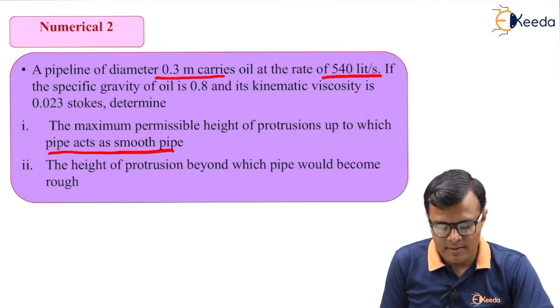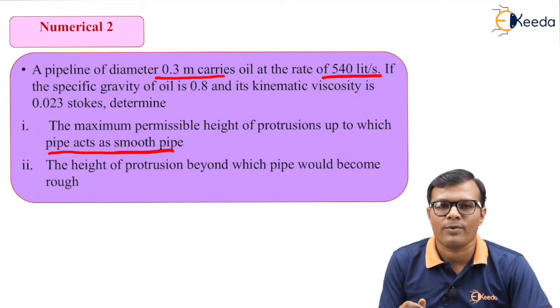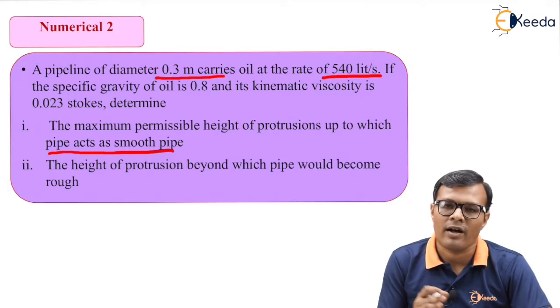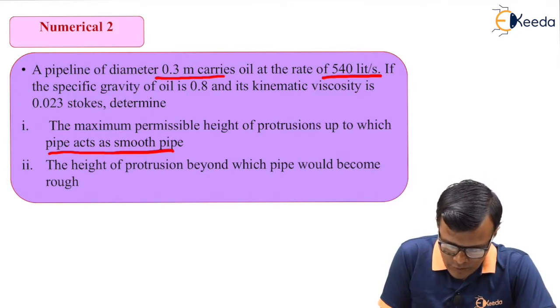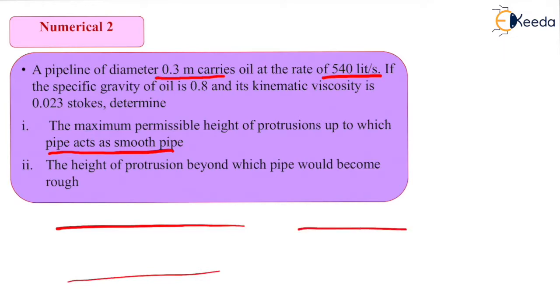Before studying this, we should know the concept of hydrodynamically rough and hydrodynamically smooth pipes. We all know that if this is a pipe having some roughness, and we know that in turbulent flow there exists a laminar sublayer.